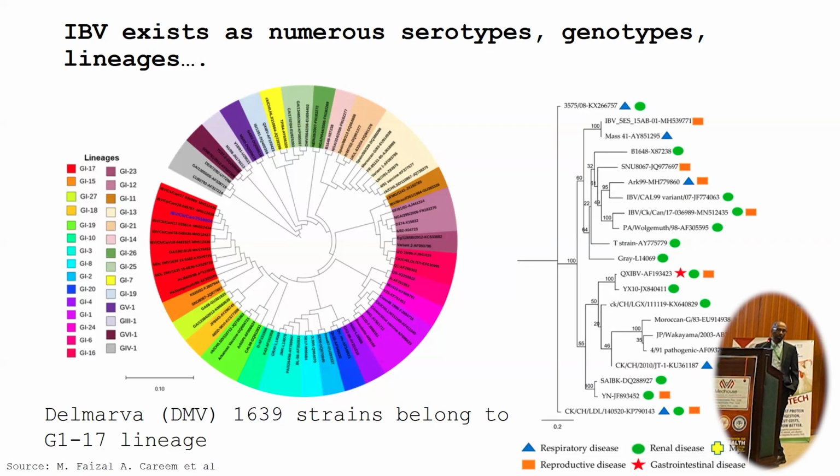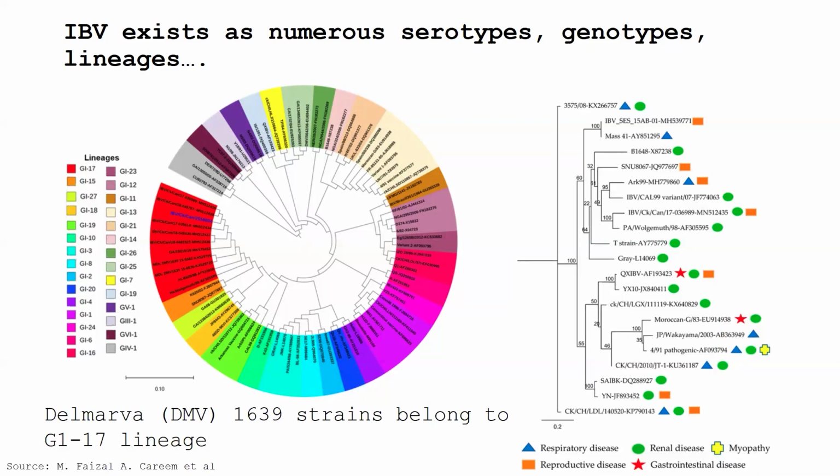There's one strain that replicates in the muscles. That is the 491 strain. I heard 491 is present in Pakistan. Delmarva 1639 virus is very similar to the QX strain, which is also present in Pakistan.